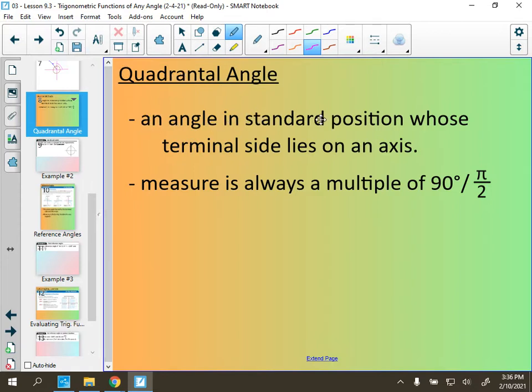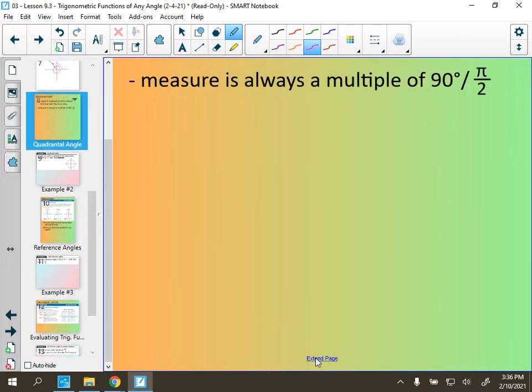It's an angle in standard position whose side that's moving, remember the terminal side is the one that kind of swings around, falls on either the x or the y axis. Okay, so another way to think about it would be an angle that's a multiple of 90 or negative, moving the other direction, negative 90 as well. So it's kind of our big landmark spots, which we'll see here in a second.